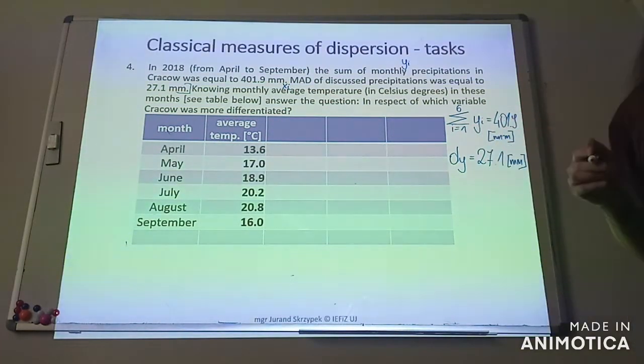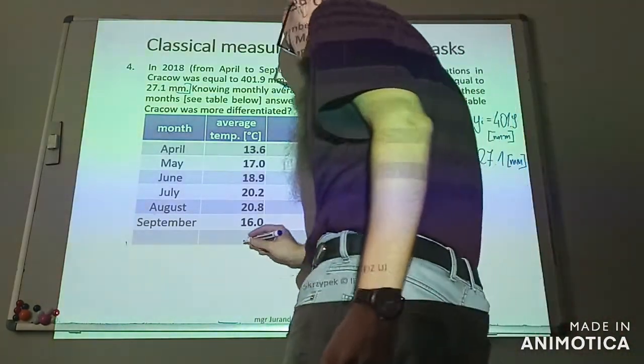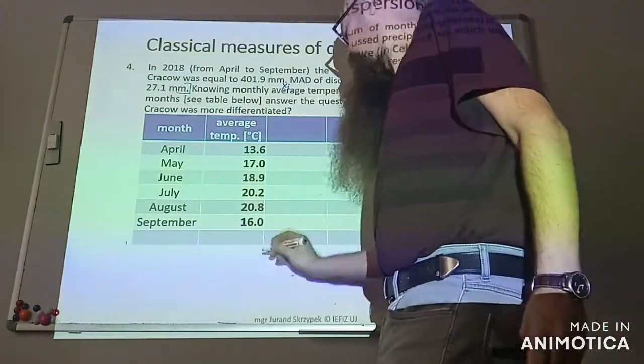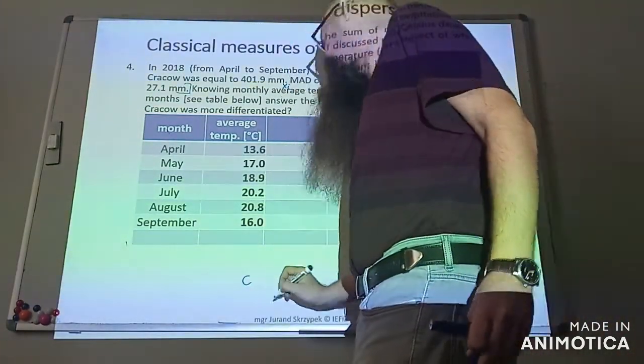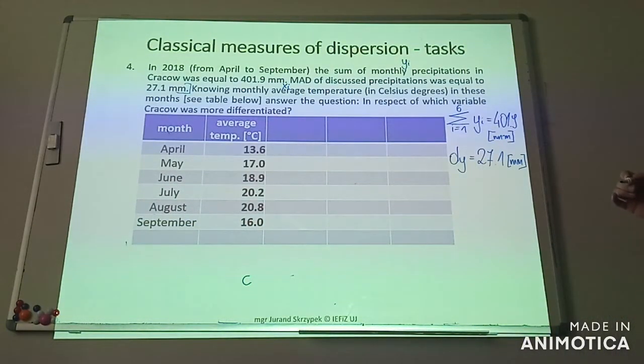So let's summarize the problem mentioned in the task content. We have one object, Krakow, and we have six observations of the temperature and six observations of the precipitations in Krakow.